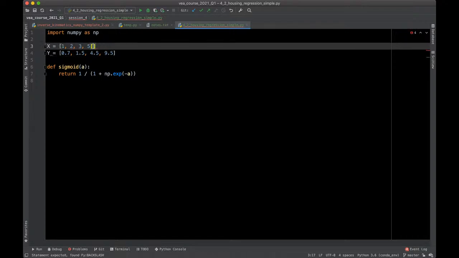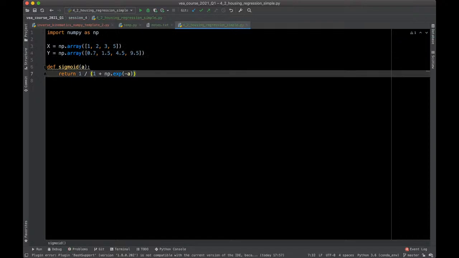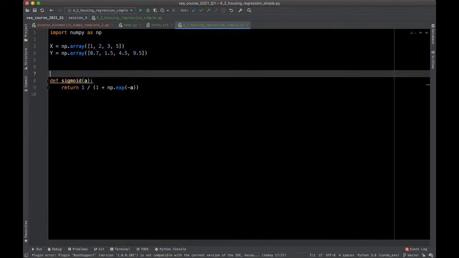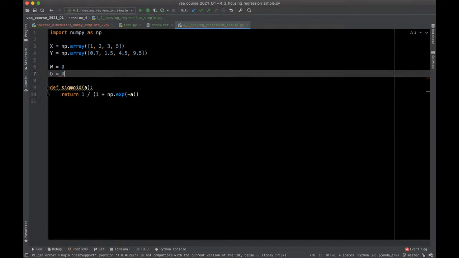So here, let's see, we have these two. I just copied the stuff from the slides, right? So np.array, we have two of these vectors of values that we want as inputs and outputs. Then we also need weight. So this will be 0, bias will be 0.